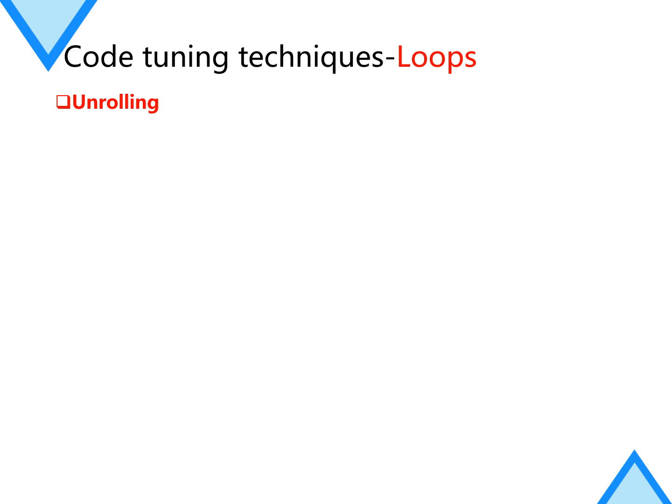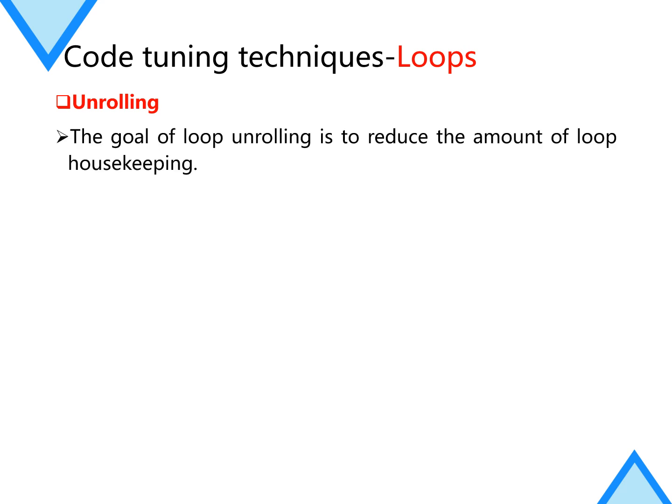So what is unrolling? Unrolling is reducing the number of times the loop is running. The goal of loop unrolling is to reduce the amount of loop housekeeping. We can reduce the number of times the loop is running.